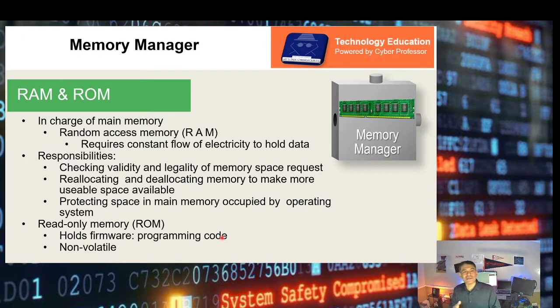Responsibilities of the memory manager are as follows: checking the validity and legality of memory space requests, reallocating and deallocating memory to make more usable space available, and protecting space in main memory occupied by the operating system.